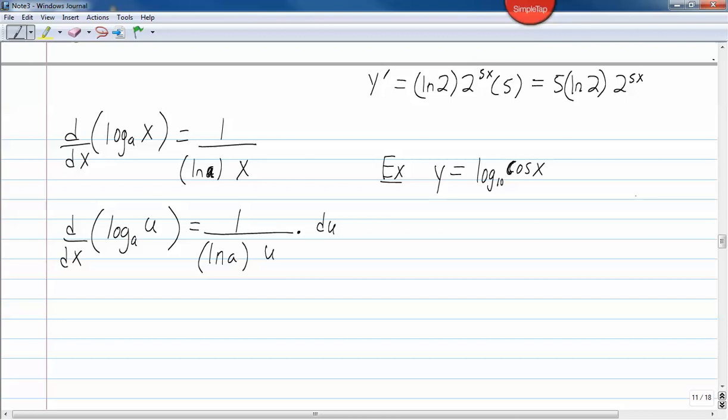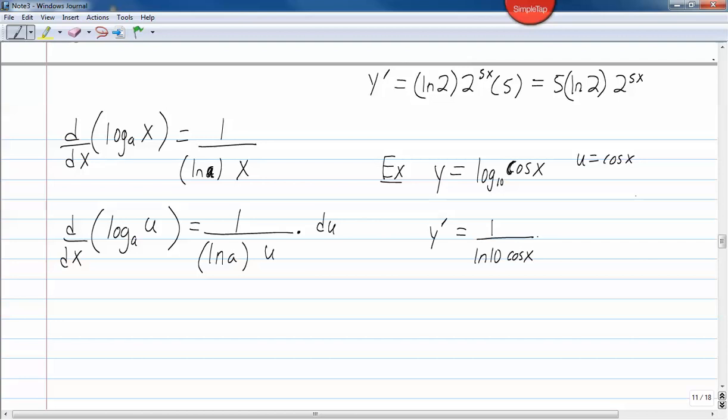Alright, so the derivative of this is going to be equal to 1 over the natural log of what? 10 times, what's my u in this? My u is cosine x. So I didn't write that down, but you could see that.